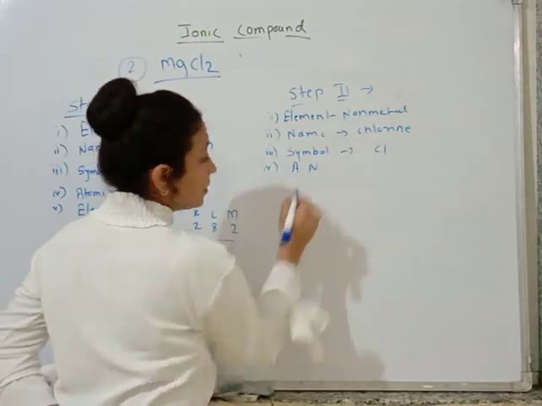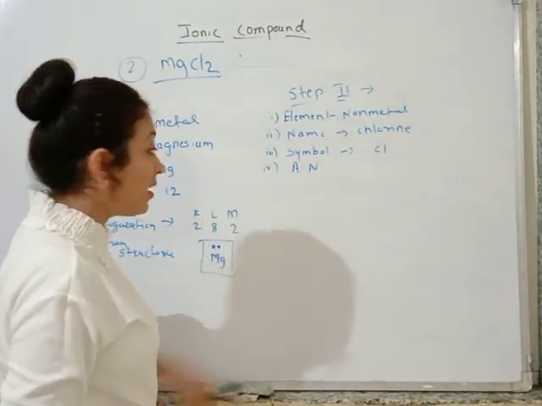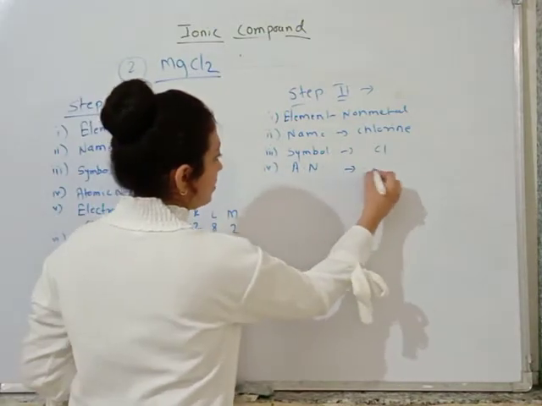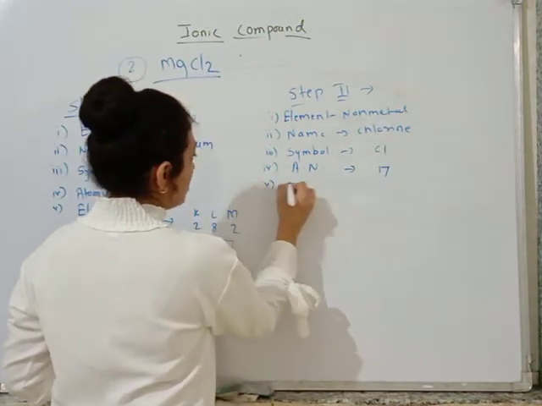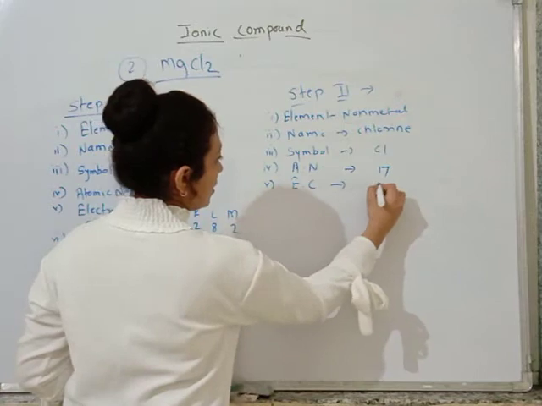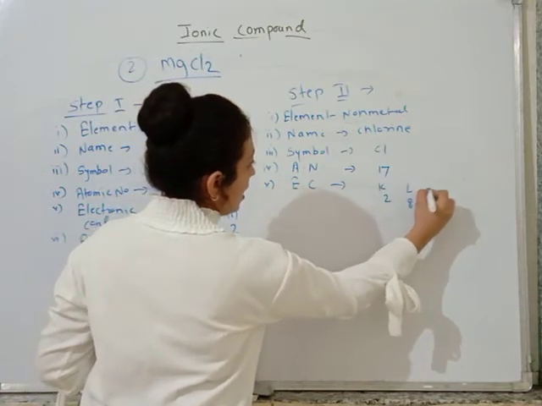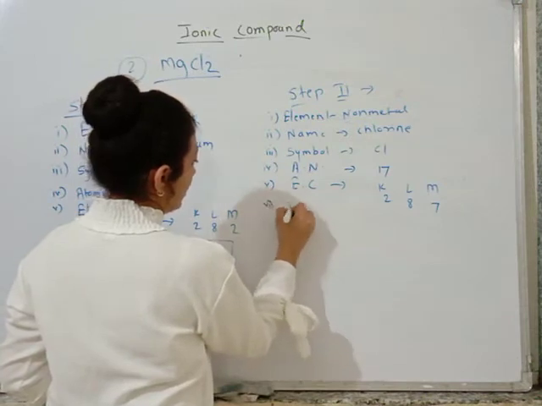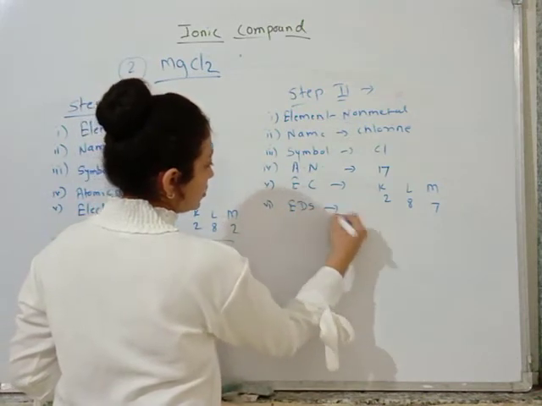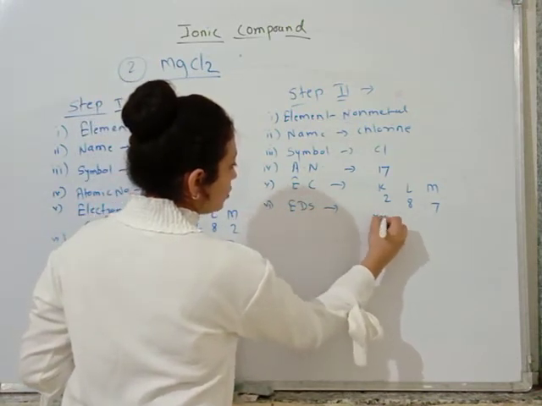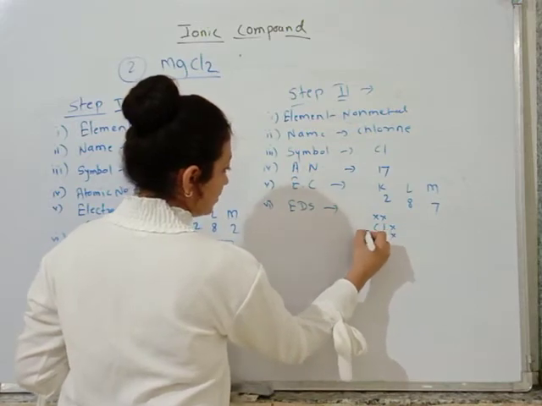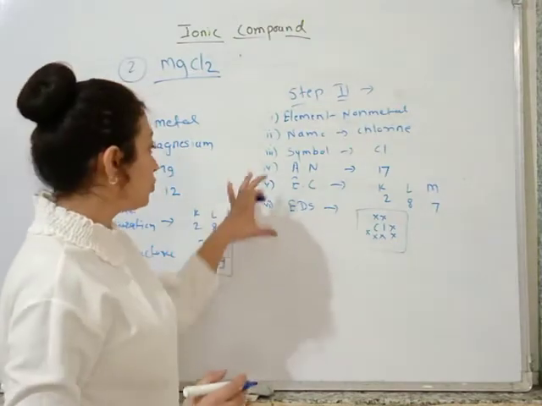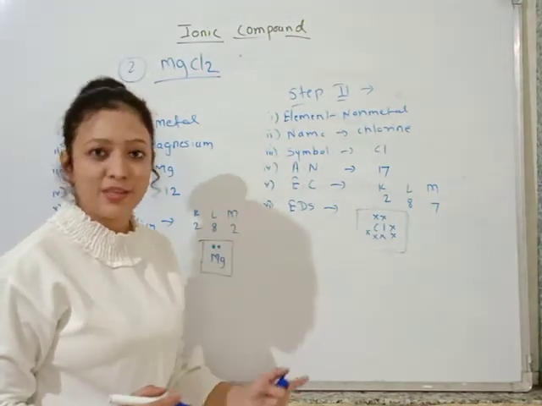Its atomic number, children don't use short forms, okay? Here I have written, you don't use in your examination. So its atomic number is 17. Its electronic configuration K2, L8 and 7, and its electron dot structure is chlorine 1, 2, 3, 4, 5, 6 and 7. Again I am repeating, please don't use these short forms in your examination.